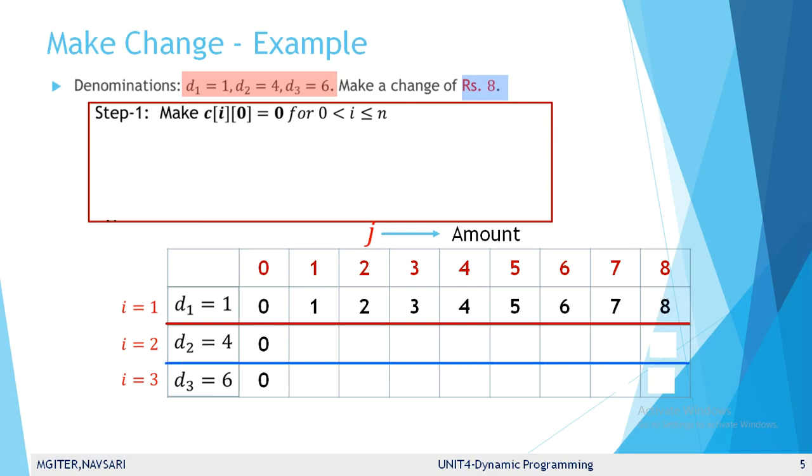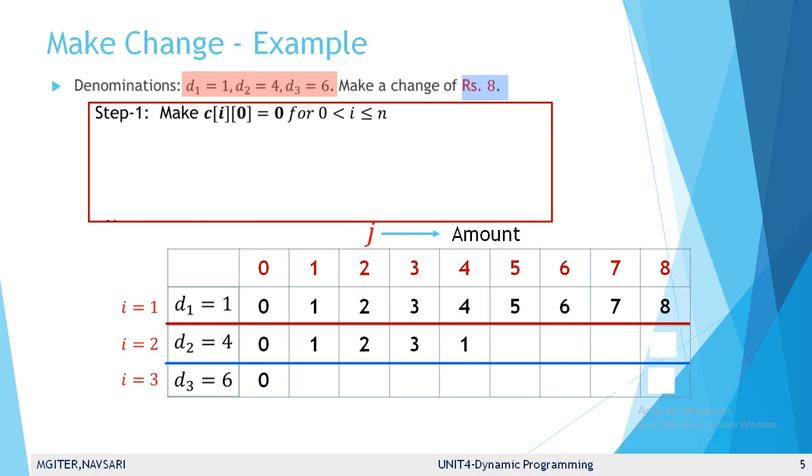Now in the second row we have two choices: we have two coins, 1 rupee and 4 rupees. Making change of 1 rupee, we use 1 coin of 1 rupee, same 2 coins for 2 rupees, 3 coins for 3 rupees. Now making change of 4 rupees, we use 1 coin of 4 rupees.